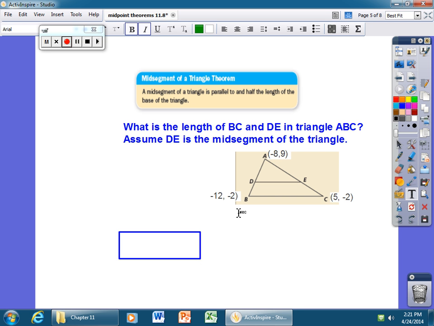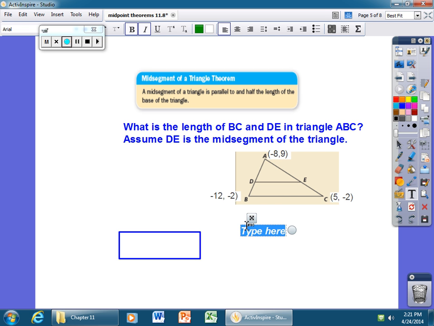So first thing I want to do is figure out the length of BC. Now I could just jump in and use the distance formula here, but instead I want to notice something. The y-coordinate on both of the points is the same. So since the y-coordinate's the same, I know that this is going to lie along the y equals -2 line. So all I have to do is find the distance between -12 and 5.